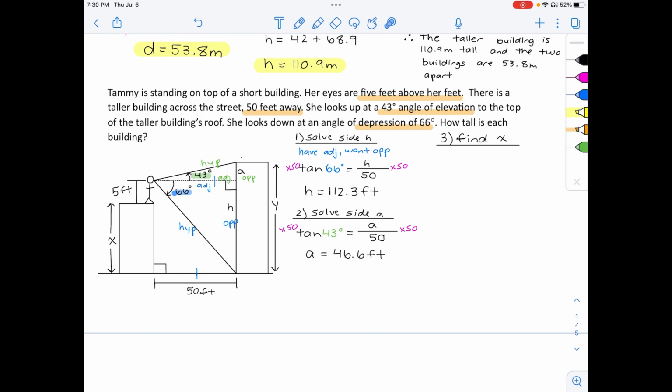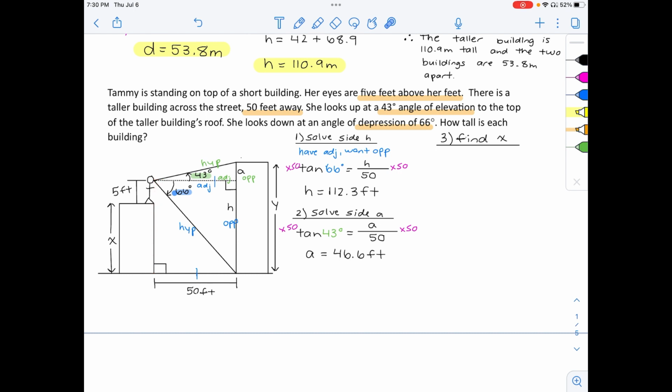But X on the actual diagram in relation to H is only this part here. When I found H, this here, and I said that that was 112.3 feet, that is from Tammy's eyesight to the ground.